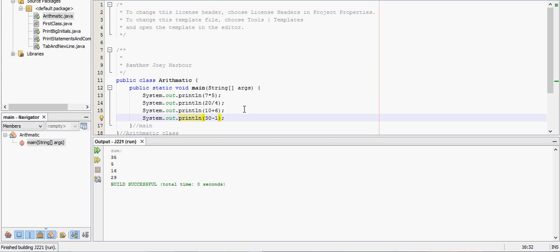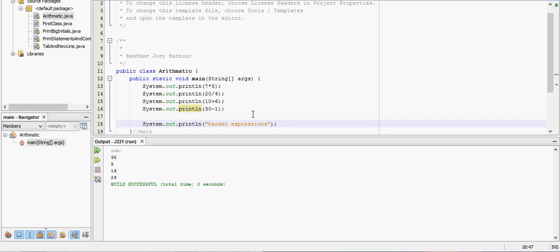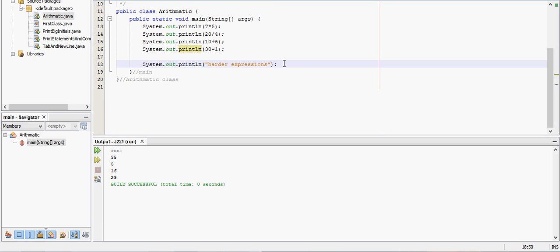Okay, so we can still make this a little bit more complicated, with harder expressions. Let's say we have something harder to calculate. We want to do 7 times 5, and then we want that to be divided by 20 over 4.